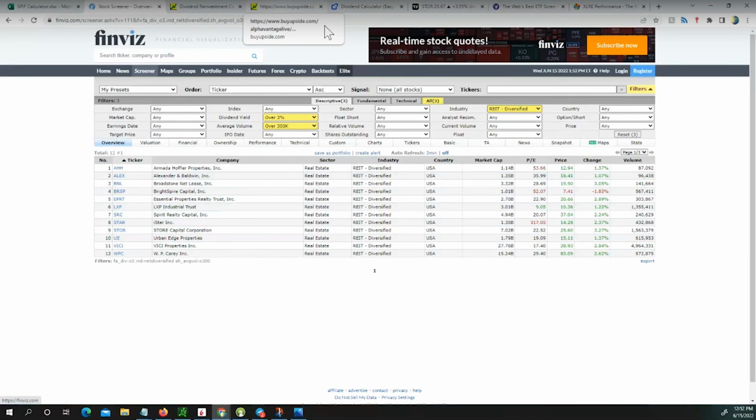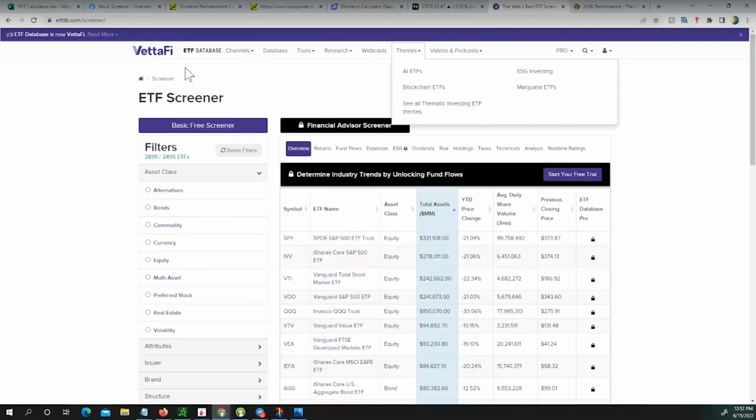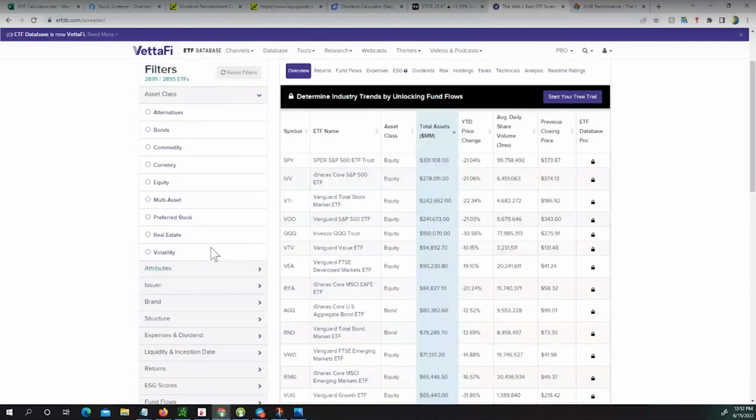Now, the next thing I wanted to share is the ETFs. Just like we've done with the REITs right here, we'll go to ETFdatabase.com. We want to look at the screener, and then under this screener, we want to look at real estate right there.